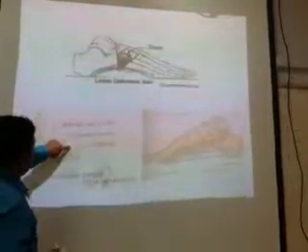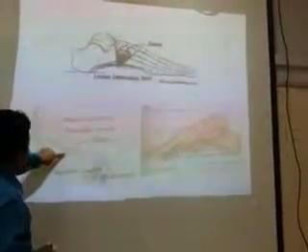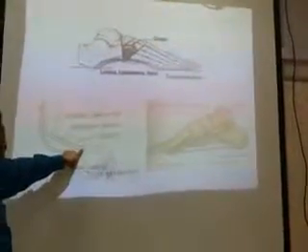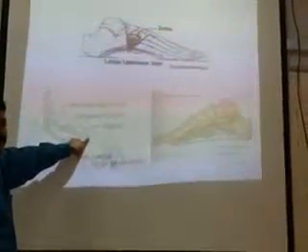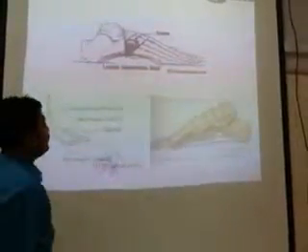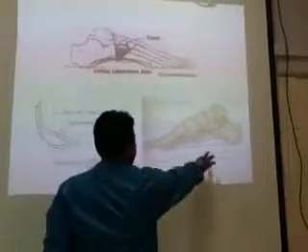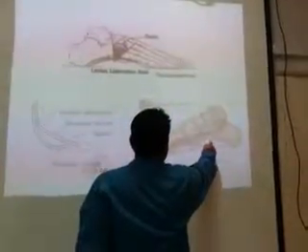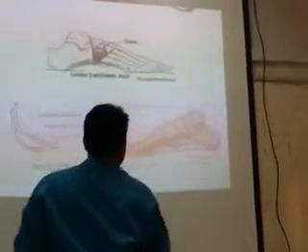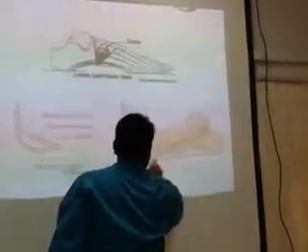This is the cuboid, and here is the insertion point of the peroneus longus and peroneus brevis. These act like a sling. Here is the long plantar ligament, the plantar calcaneonavicular ligament, and this is the plantar aponeurosis.